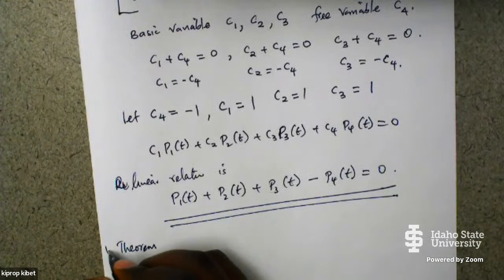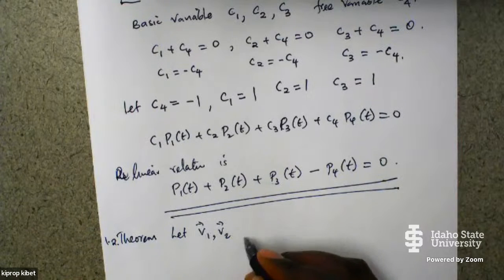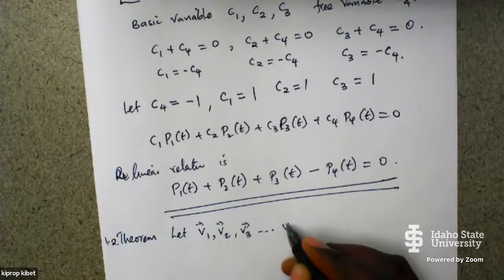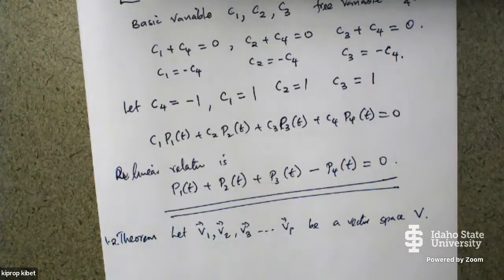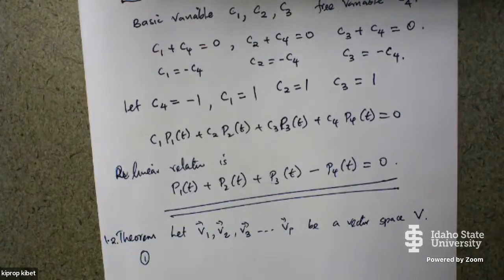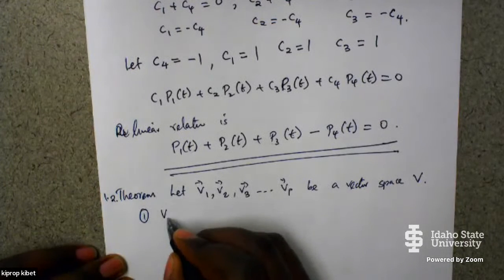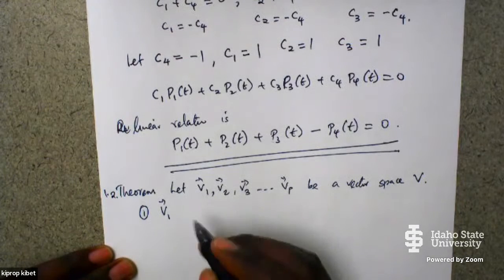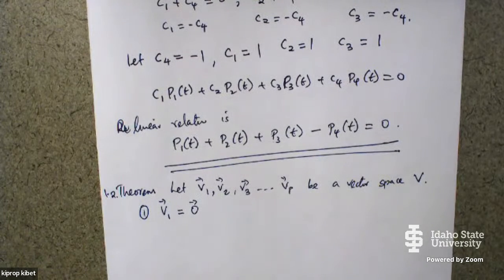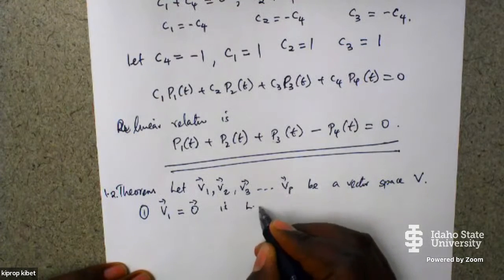Theorem 1.2. Let V1, V2, V3, all the way to VP, be vectors in a vector space V. Then number 1, and we did this last time: if one of them, vector V1, is equal to the 0 vector, then it is linearly dependent.